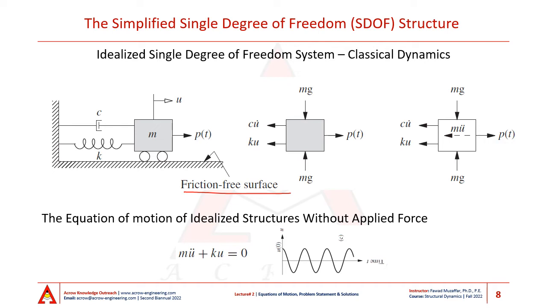The mass is attached to the support through a spring and a dashpot of damping value C. The force is applied to the mass towards the right or left, and the mass can only move in the horizontal direction.